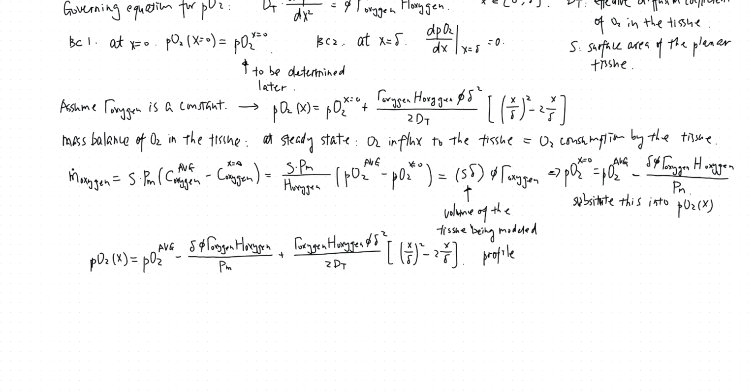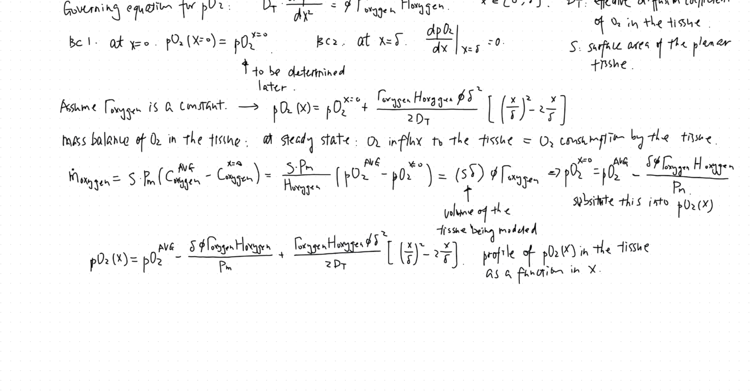This is the profile of PO2 in the tissue as a function of x. Okay, so you can start to use it to do the analysis.